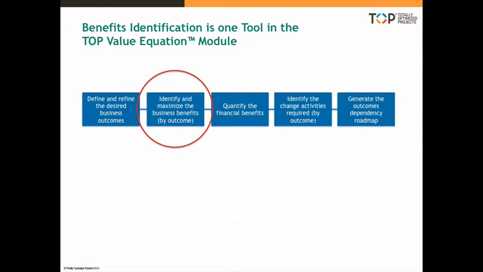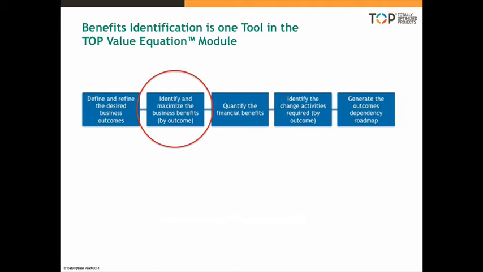So the benefits identification is one tool in the value equation module. The first step is to define and refine the desired business outcome statements. Then you use these as the basis for identifying and maximizing the business benefits by outcome. Then you take the financial benefits and quantify those such that they're clear, specific, measurable and trackable, so you can actually track to see if they change during the course of the project due to external events.